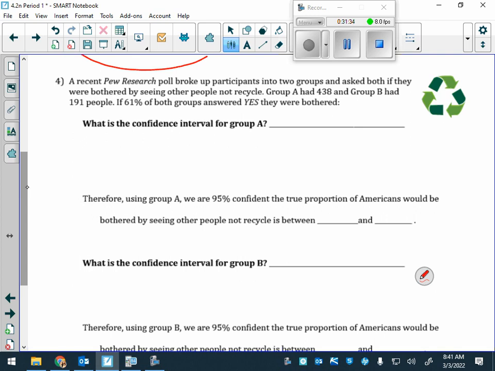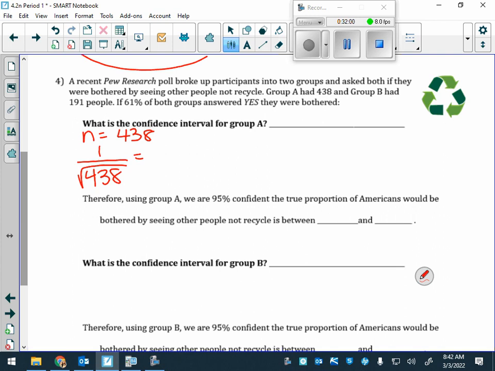Excellent. So our sample for Group A is what? 438. So we have to do 1 over the square root of 438, and as a percentage.